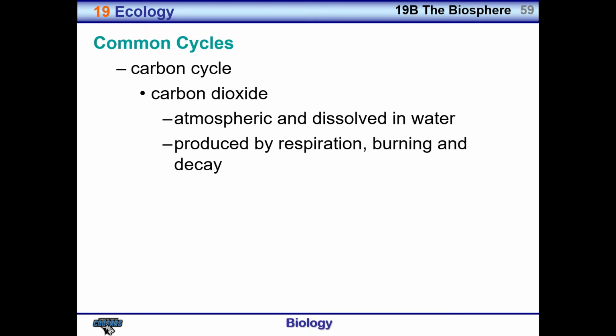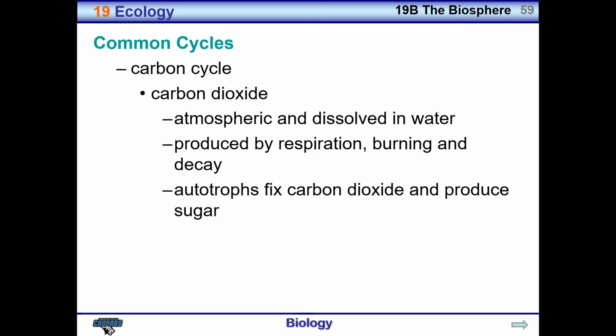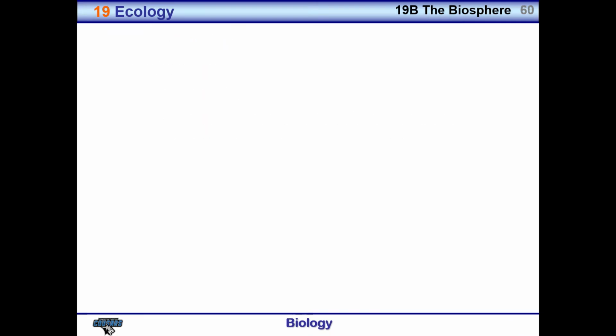And when things decay, carbon dioxide is also given off. Autotrophs, plants and algae, will take this carbon dioxide, along with water and energy from the sunlight, to produce sugar that they will need, as well as other living things will need.